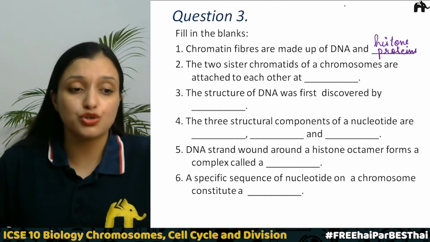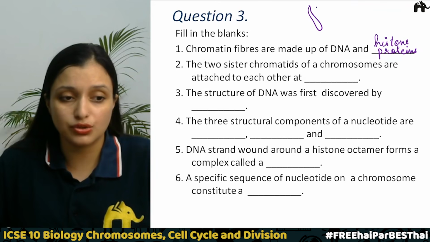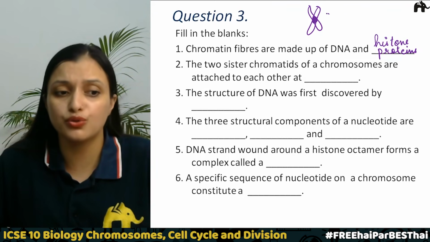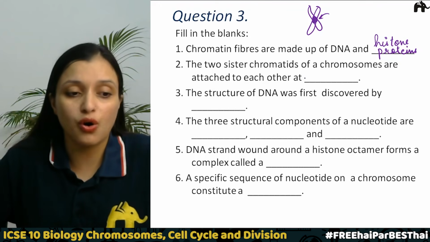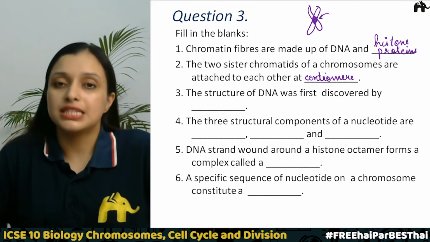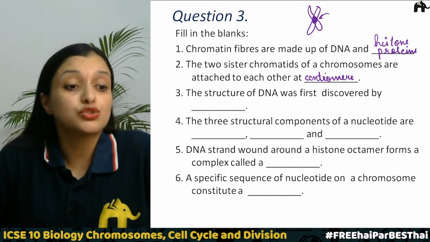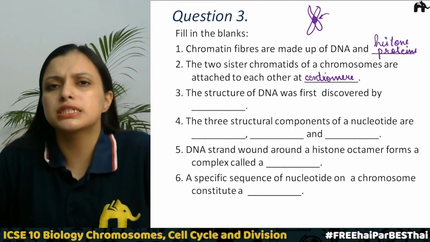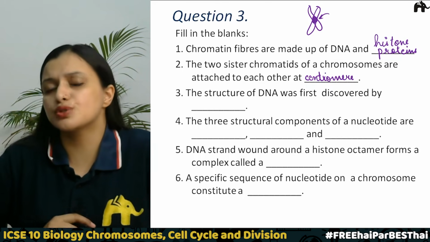So we are talking about two sister chromatids, this is the one, this is the second, and they are attached at one point. What do we call this point? We call it centromere.